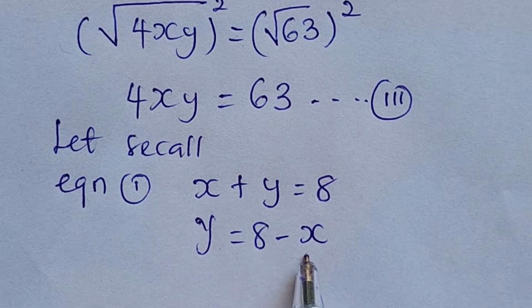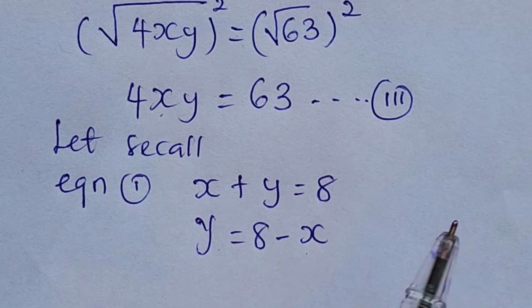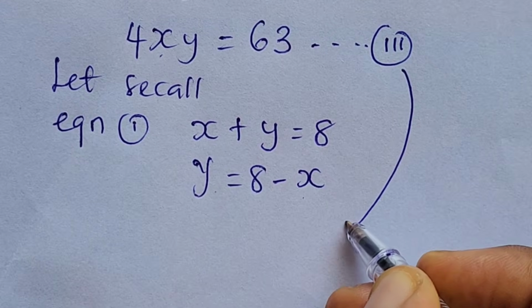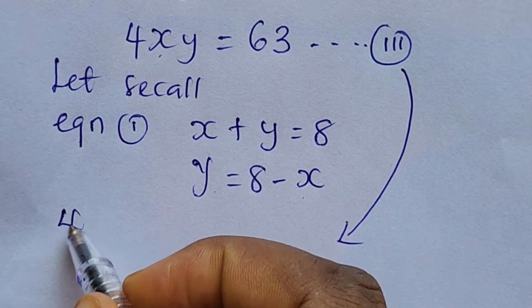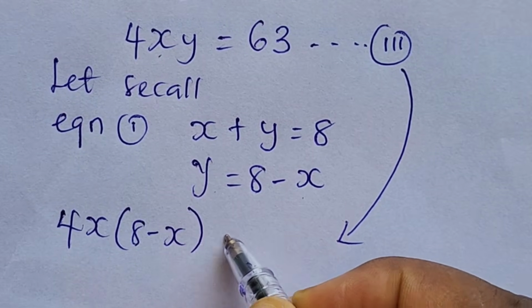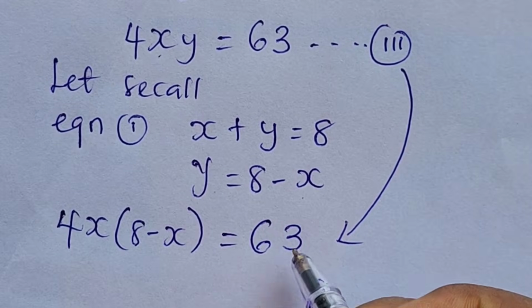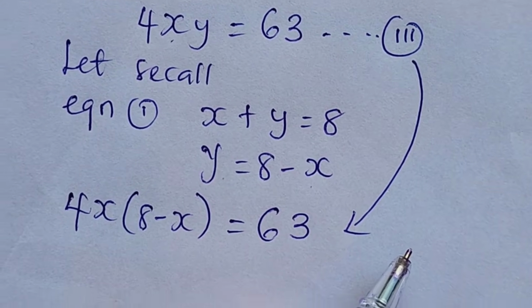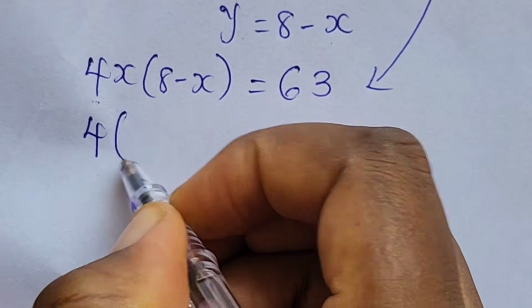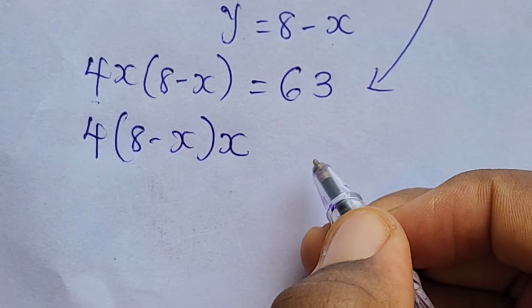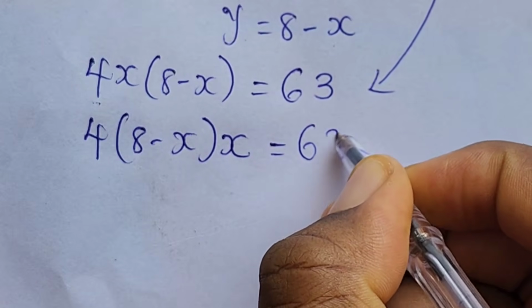So we'll be imputing 8 minus x for y here. Our equation 3 becomes 4x times 8 minus x is equal to 63. So resolving this equation, this is the same as 4 times 8 minus x times x is equal to 63.